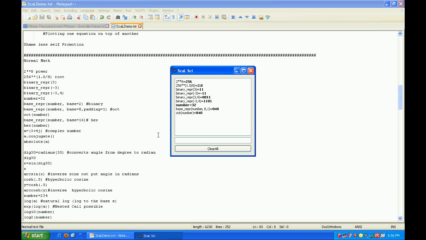Now comes complex numbers. Right now we don't have any variable a, but as soon as we create one, we have a variable a there.